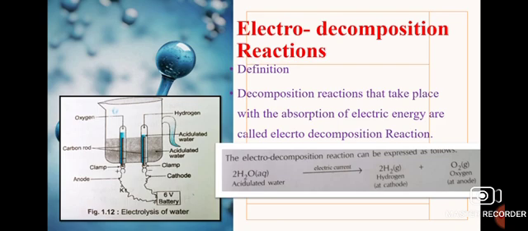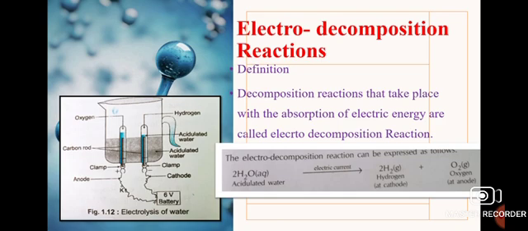Next, electro-decomposition reaction. Okay, we already learned electrolysis of water in classes 7, 8, 9, no? So, electrolysis of water, at that time, what will happen? Decomposition reactions that take place with the absorption of electric energy. So, what is the difference?